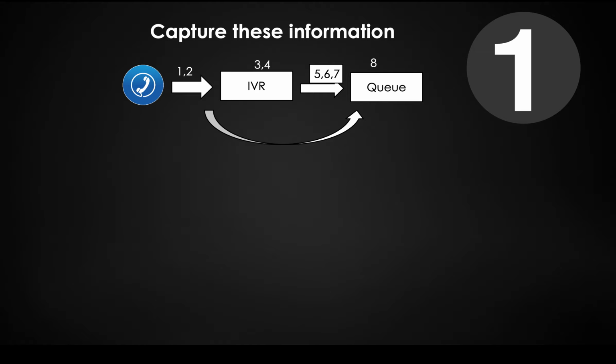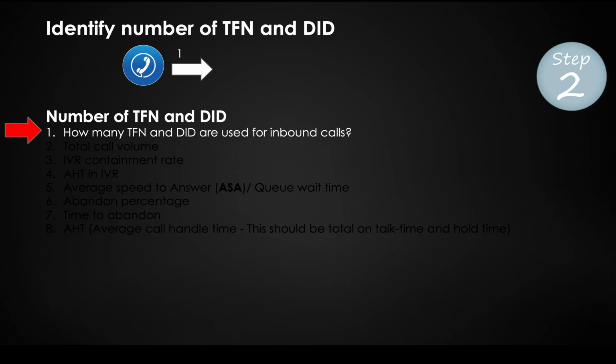What we are trying to do here is identify how many toll-free numbers or DIDs you have for inbound calls. The reason you need this information is that in Amazon you pay a monthly fee for the number you reserve or use for your inbound calls, and it's a pretty inexpensive amount, but you still need to pay it.